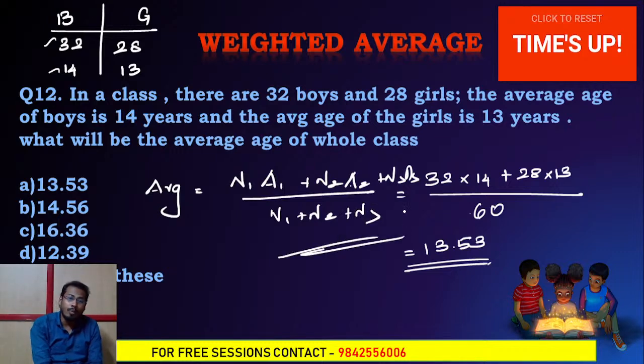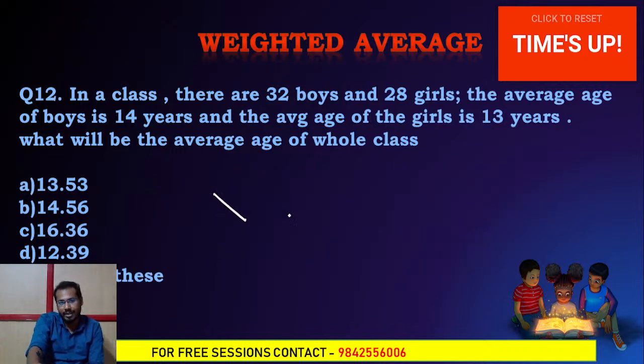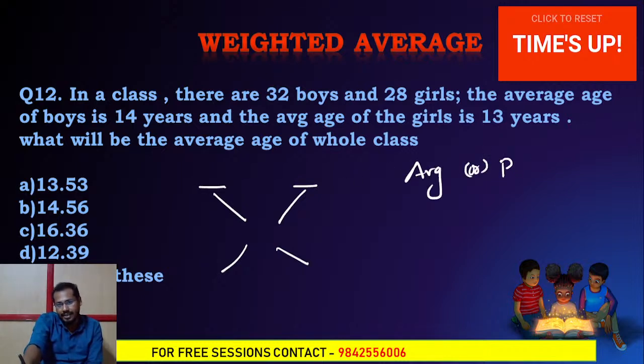And one more way we can get the answer is the alligation and mixtures method. Most of you need to understand that method, but I will try to explain it. If you already know alligation and mixtures, it is very easy. The average or price should be written in the top.